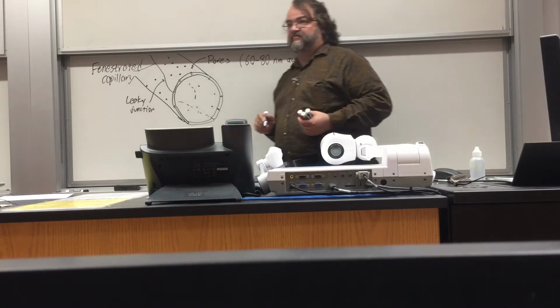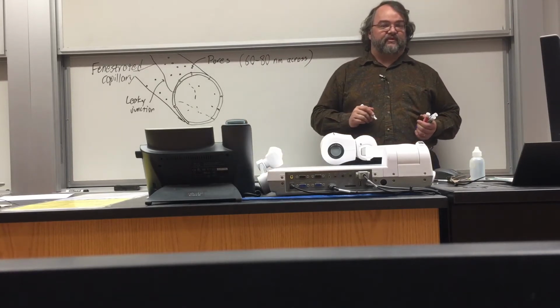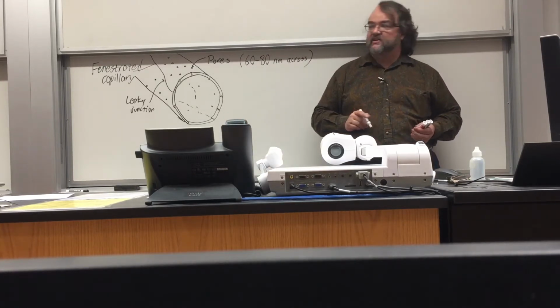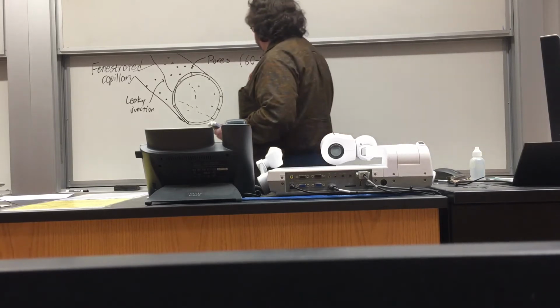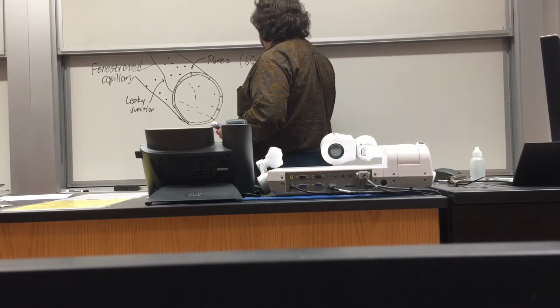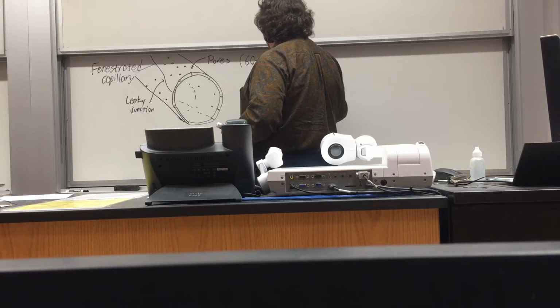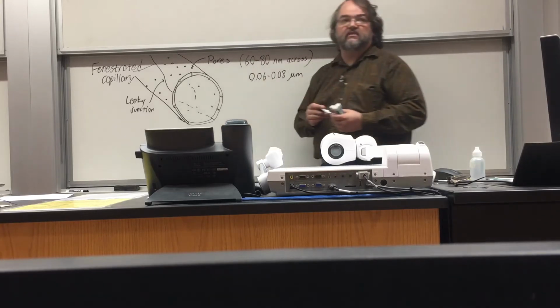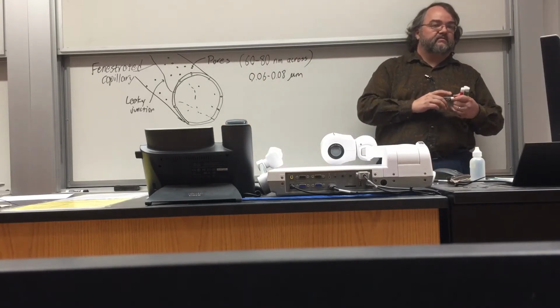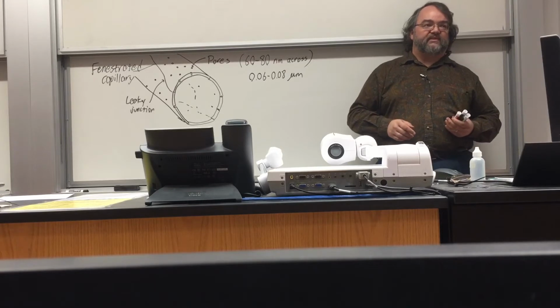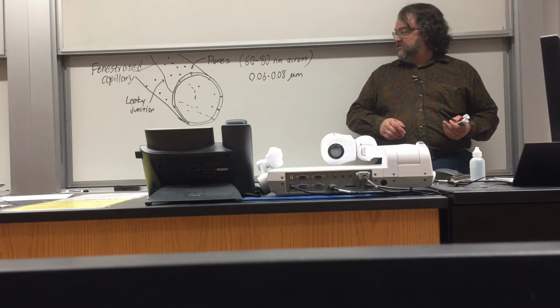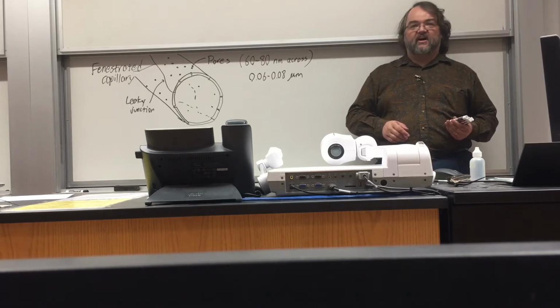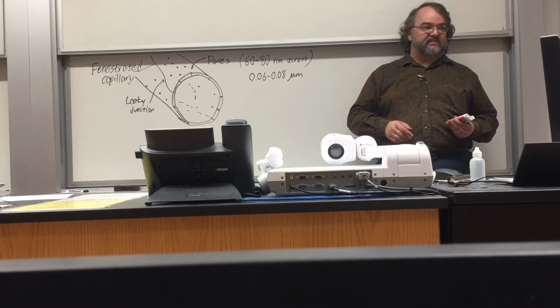If you're not extremely familiar with the metric prefixes for this, put it on the same scale as that. This would be 0.06 to 0.08 microns. So if a red blood cell is 6 to 8 microns across, these are about 100th the size of a red blood cell.